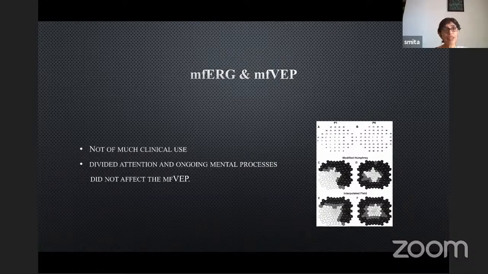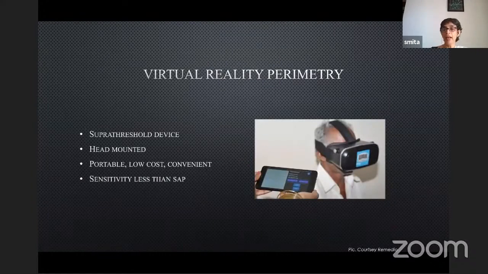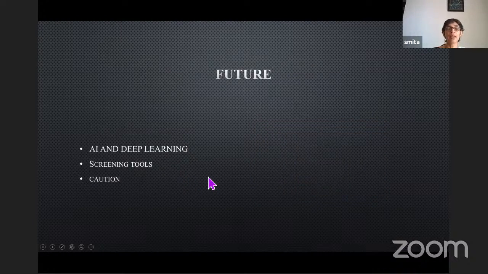It is not of much clinical use. Another one, which is more seen in recent times, is the virtual reality perimeter. It is a supra-threshold device which is mounted on the head. It is portable, low cost and very convenient, but its sensitivity is less than the standard automated perimetry.